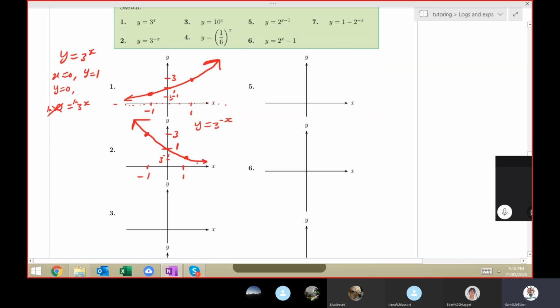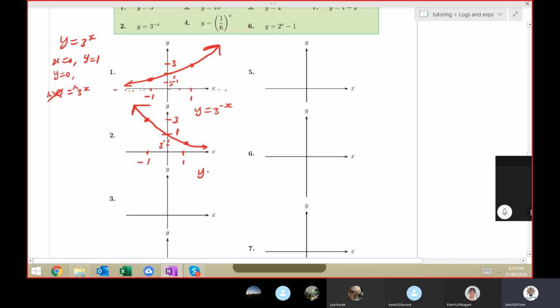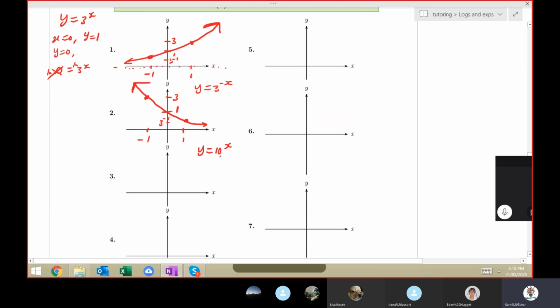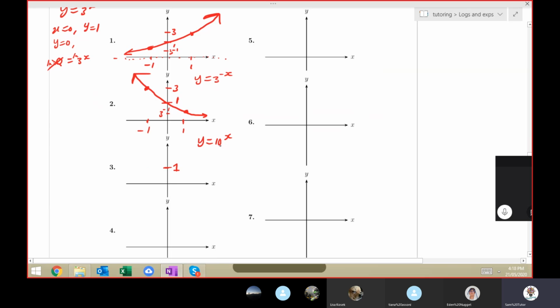All right, next one. y equals 10 to the x. Again, same thing. When x is 0, 10 to the 0 I know is 1. That's the first thing I'm looking for. And then if I sub in 1, I know I get 10 to the 1, which is 10.